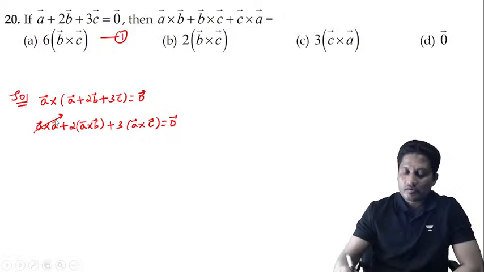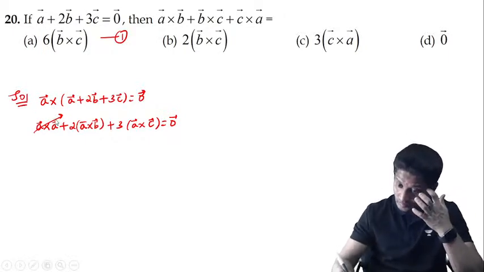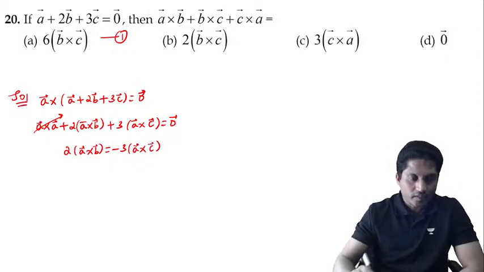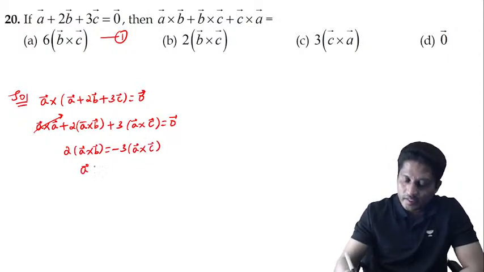A cross A is 0. Okay, now I can write this as 2 times A cross B is equal to minus 3 times A cross C. Right, and then this is A cross B is equal to minus of 3 times A cross C by 2.